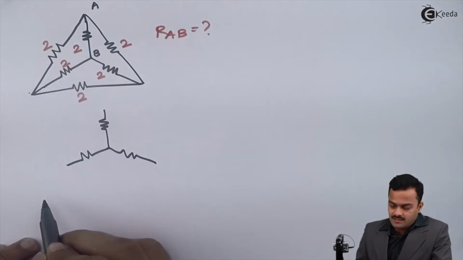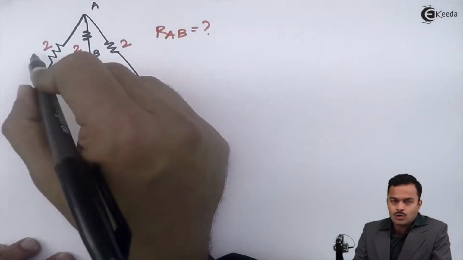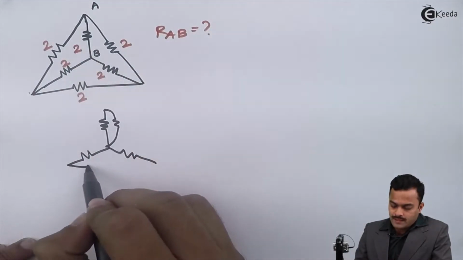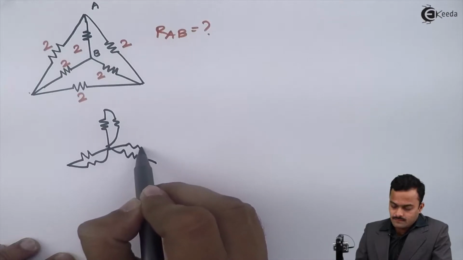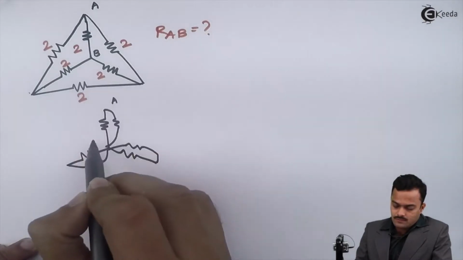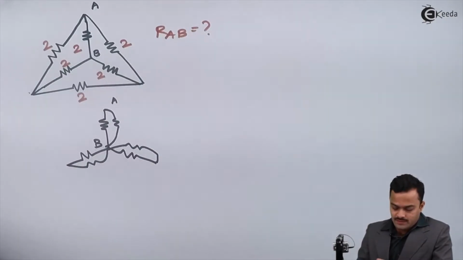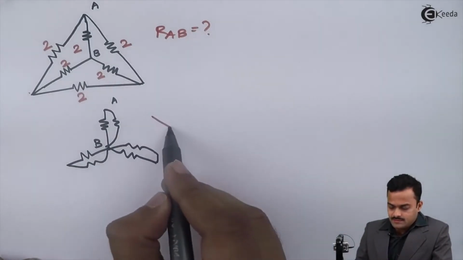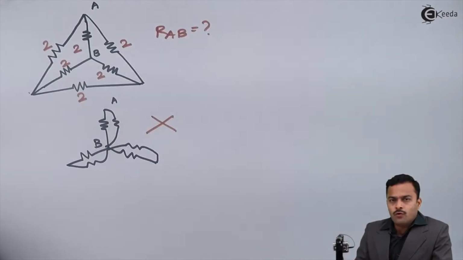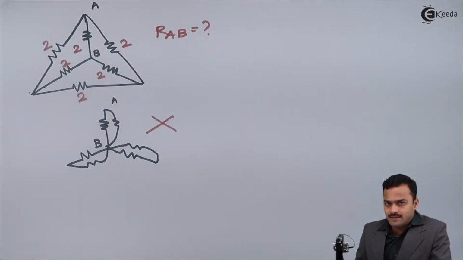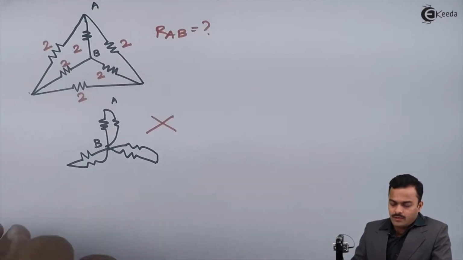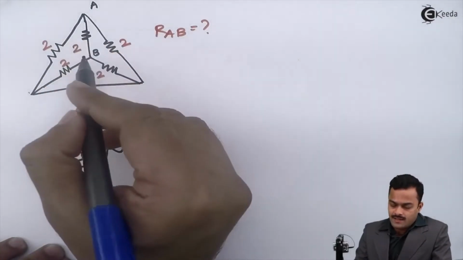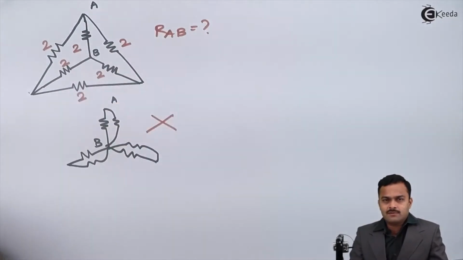This is the original star and you are converting this outer delta into star, so you may connect like this. I have not given a value purposefully. If you connect like this, that won't be a right answer because whenever I am converting this outer delta into star and the original star is there, the structure will be like this.